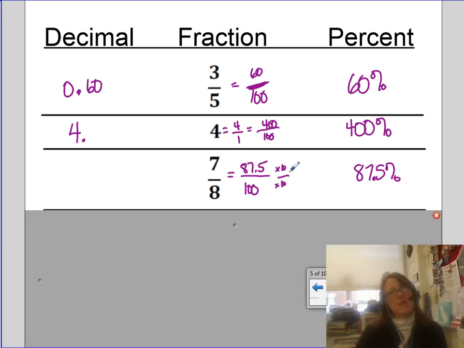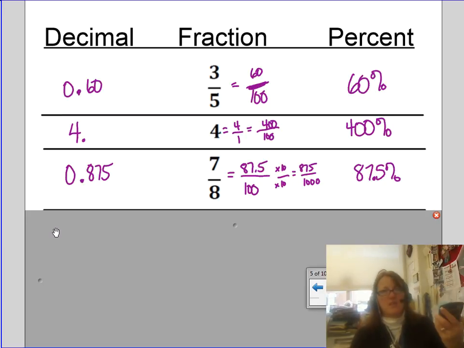When I do that, I get the fraction 875 over 1,000. Aha! That means I have 3 decimal places, 0.875. Or if you use your calculator and simply punch in 7 divided by 8, that would give you the decimal.